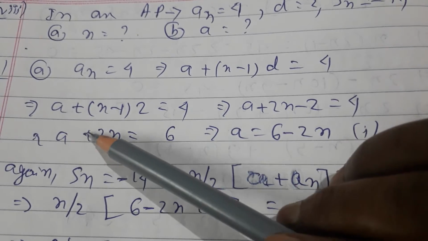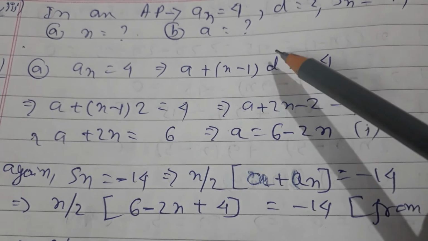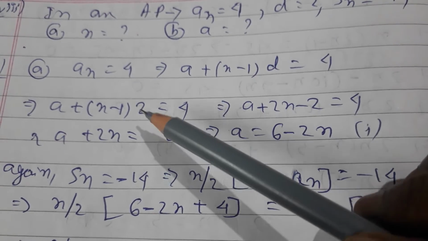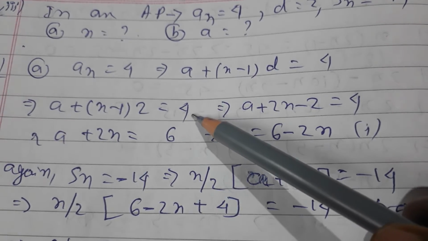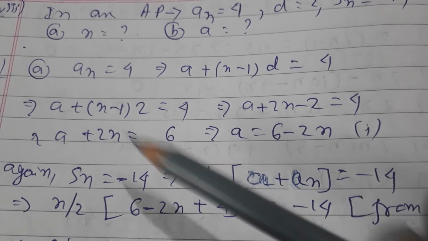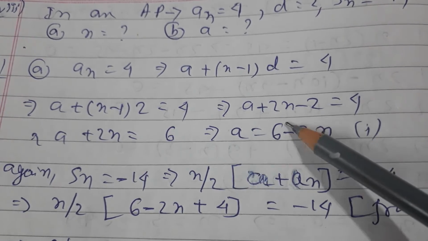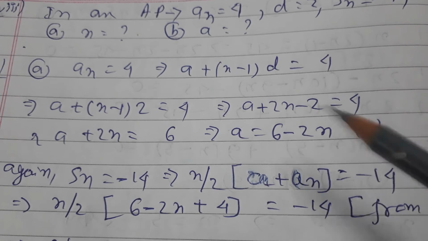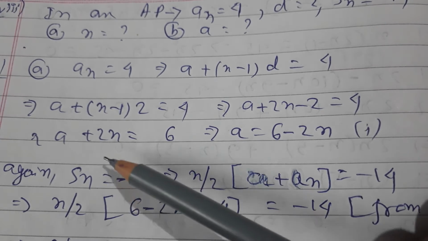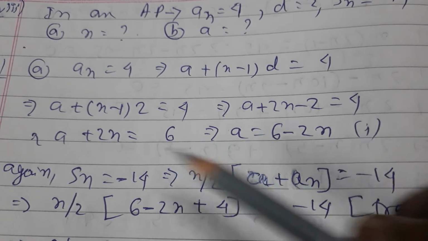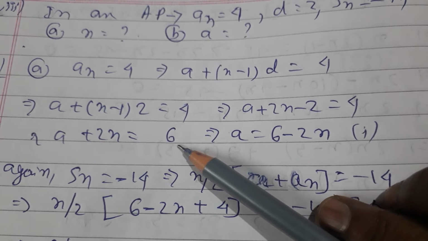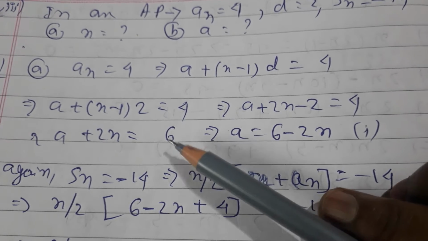Now a plus (n minus 1), the value of d is given as 2. So I have written here 2, equal to 4. Now a plus, break the bracket, a plus 2n minus 2 equal to 4. So a plus 2n, and this minus 2 will come here as plus 2, and 4 plus 2 is 6.